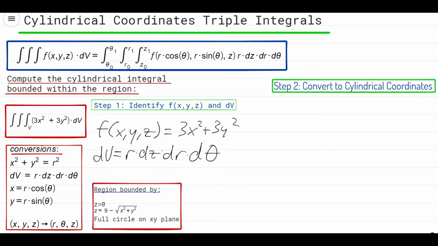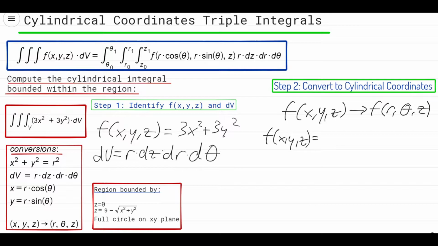In step 2, we're going to convert to cylindrical coordinates. So how do we do that? Well, we want our f of x, y, z in terms of f of r, theta, z, because that's essentially cylindrical coordinates. Our f of x, y, z is equal to 3x squared plus 3y squared. We can simplify this by factoring out a 3, and we're left with x squared plus y squared.